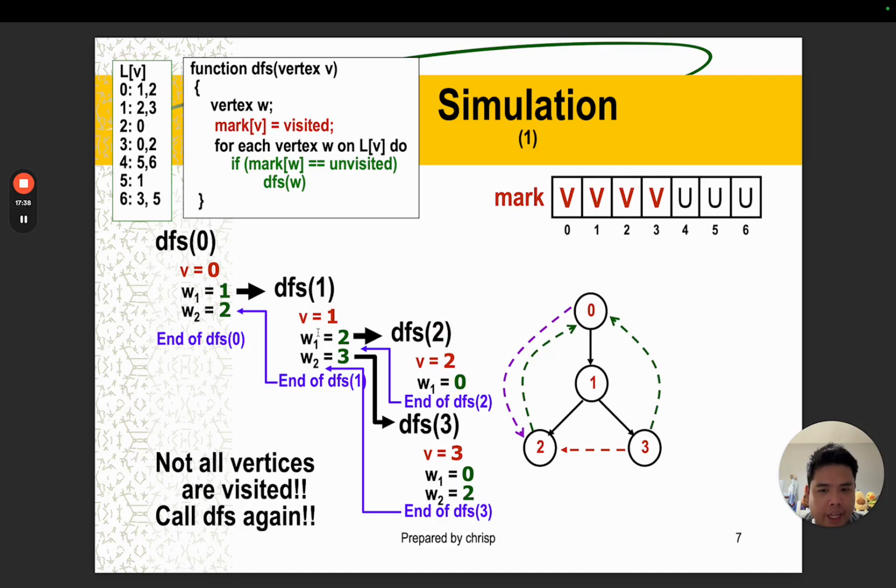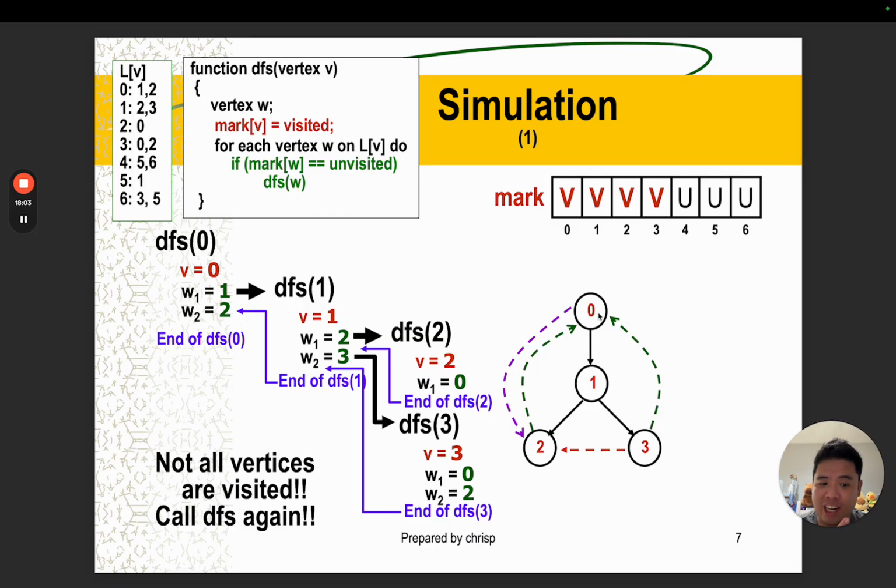And I'm going here to 3. 3 wasn't visited yet, so from 1 I have an arrow going to 3. From 3, I have 2 vertices that are adjacent to 3. That's 0 and 2. 0 was already visited, so I have an arrow from 3 to 0, but it's a broken arrow and it's colored green. Color doesn't matter for now.